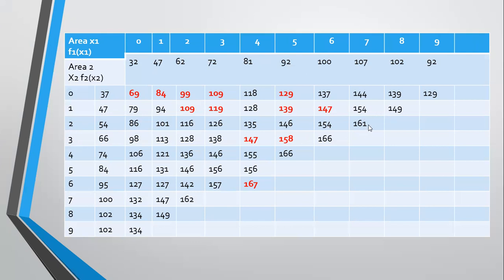So up to 7 representatives we can allocate, and find the total profit cost by adding area 1 and area 2. Likewise, do the same exercise up to the last but one row.